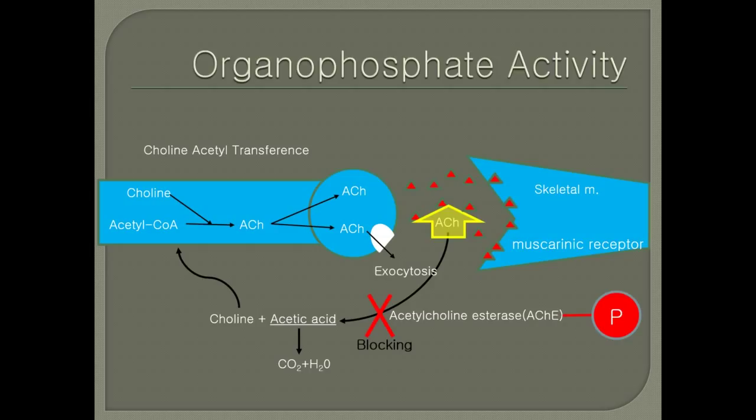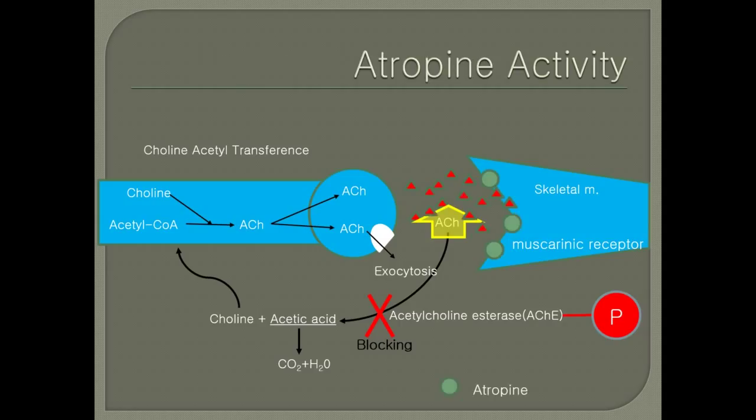However, if you drink organophosphate, acetylcholinesterase is inactivated. Acetylcholine is undecomposed, so acetylcholine concentration increases, and the receptor is stimulated again. Atropine blocks the muscarinic receptor competitively with acetylcholine. So acetylcholine can't react with the receptor anymore, and it goes back to normal choline action.